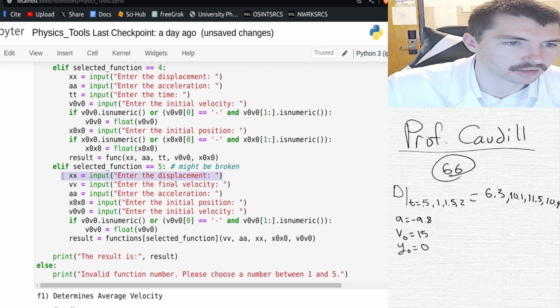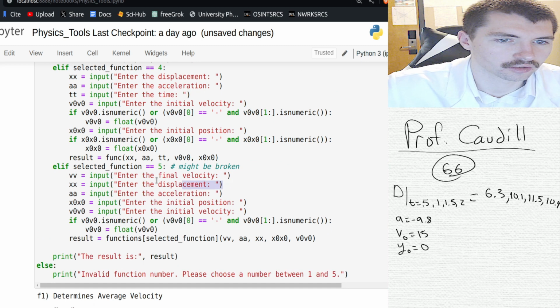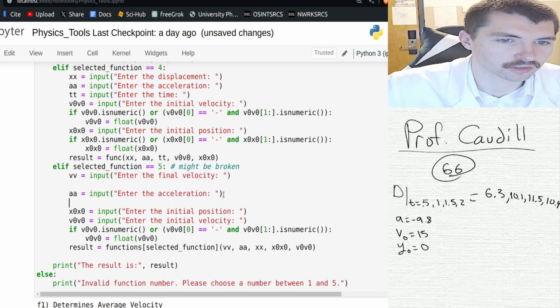And this should be after this. Actually, this should be after acceleration.